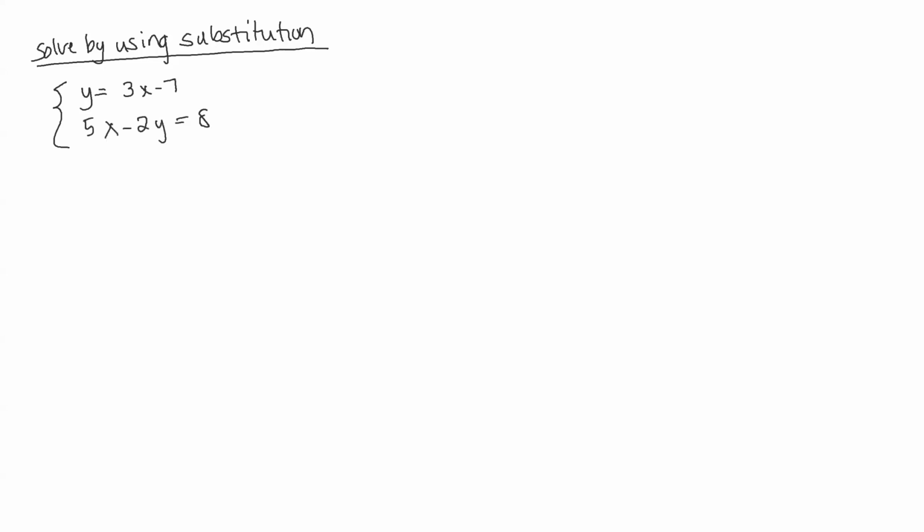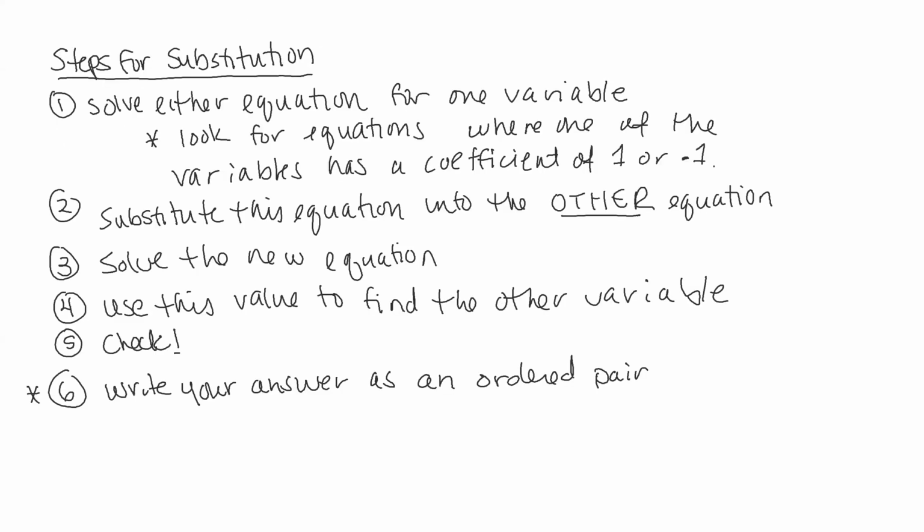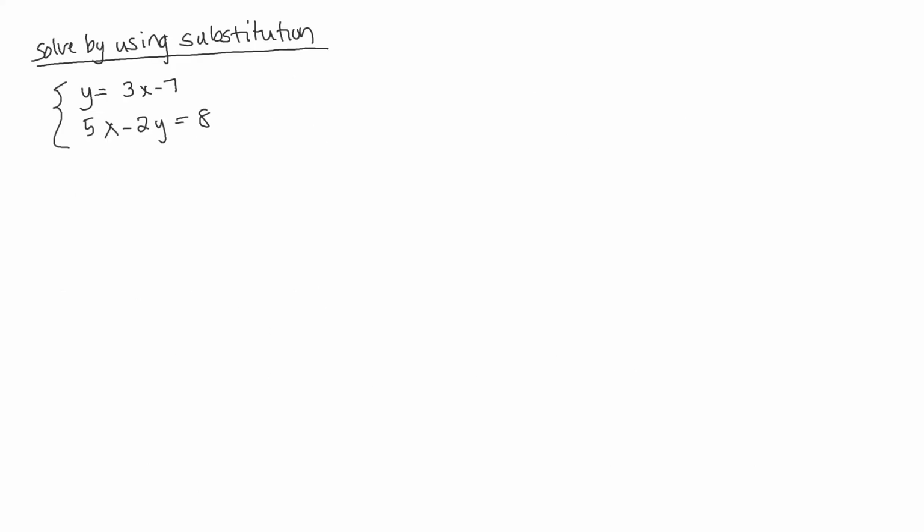If you go back to the steps, the first step says solve either equation for one variable. If we look at what we have here, the first equation has already been solved for y. So I'm going to take this value for y and plug it into the other equation for y. So we're going to take 5x minus 2y, but now we have that y equals 3x minus 7, and then I'm going to set that equal to 8.